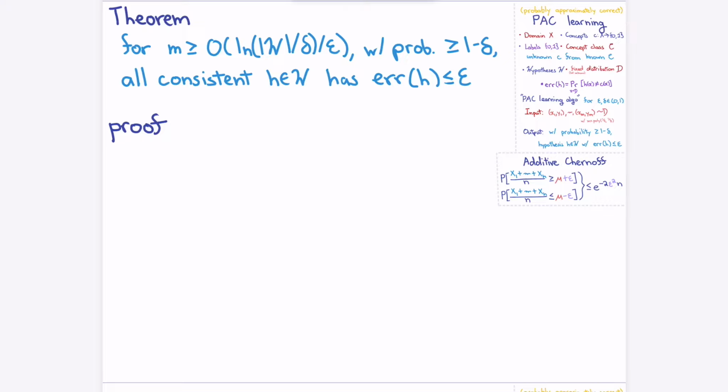The 1 over epsilon instead of epsilon squared is sort of a hint. No, actually, we won't use the additive Chernoff bound because that's going to require an epsilon squared.